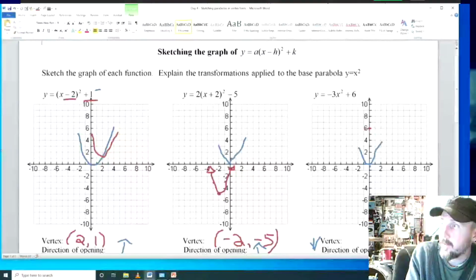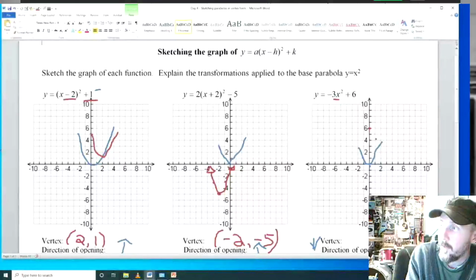Now that minus is going to make it open down, and instead of over 1, up 1, it's going to go over 1, down 3 because of the 3. Normally it would go over 1, down 1, but because of that 3, it's going to be skinnier too. So 1, 2, 3, right here, and right here.